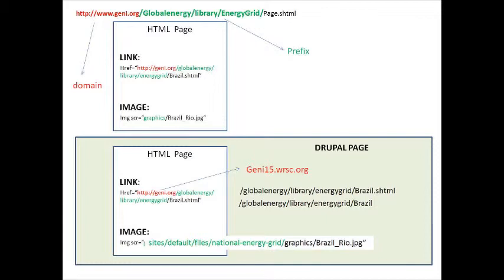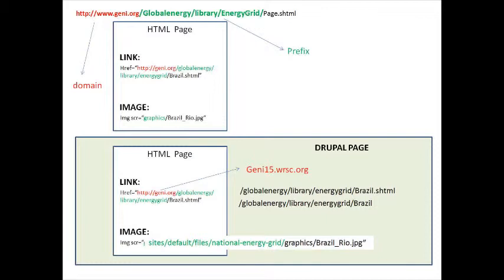So let me see if I can translate. We keep the old Genie file structure for the HTML document, but we make it a relative path rather than an absolute path URL, so that the pages will link within our site, but they're no longer going to have an absolute path URL.